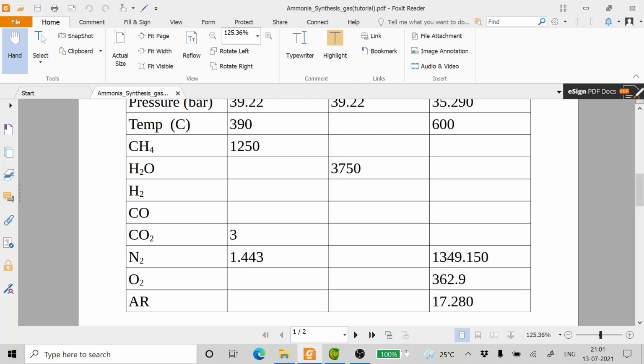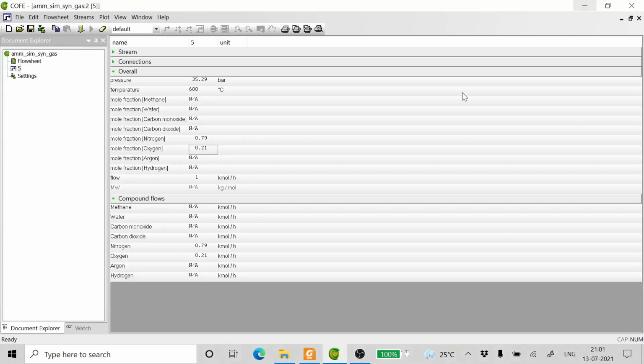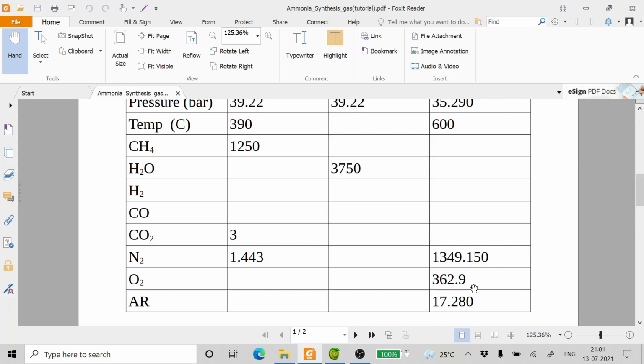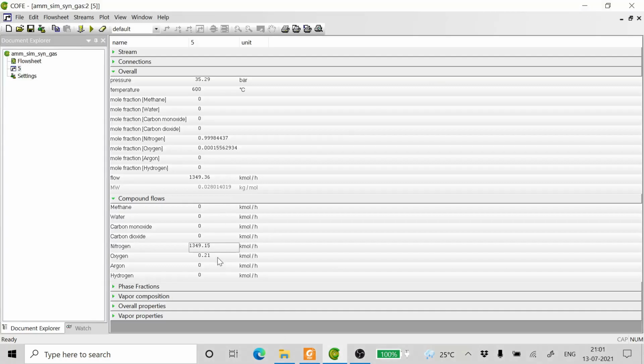That is 1349.150, and 362.9, and we see here that the ratio has come roughly to 0.79 and 0.21.